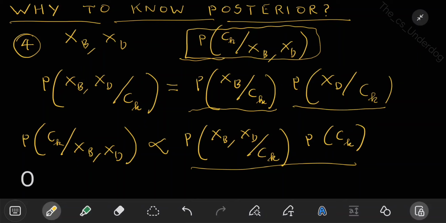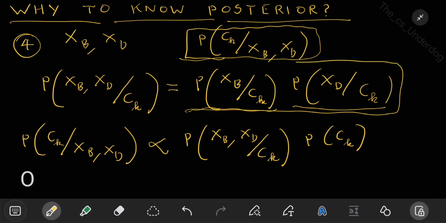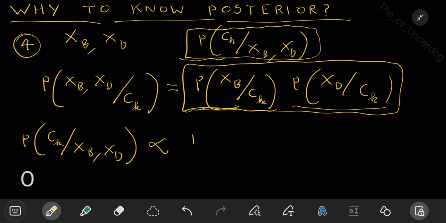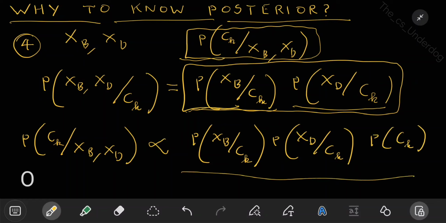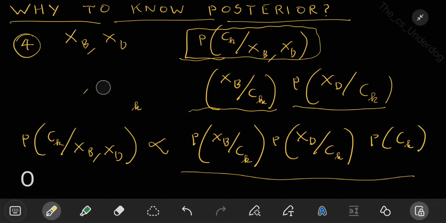Now you can substitute this term with the independent terms, because both are independent. So it becomes P of XB given CK into P of XD given CK into P of CK. This much is clear, right?